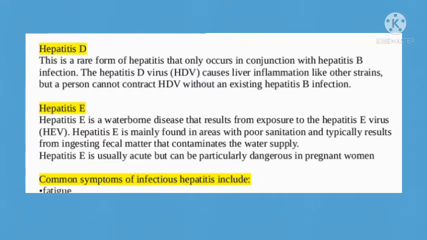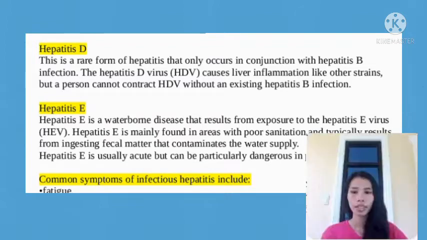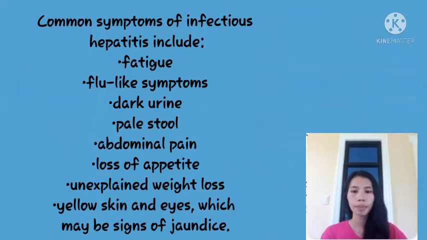Hepatitis E is usually acute but can be particularly dangerous in pregnant women. Common symptoms of infectious hepatitis include fatigue, flu-like symptoms, dark urine, pale stool, abdominal pain, loss of appetite, unexplained weight loss, and yellow skin and eyes, which may be signs of jaundice.